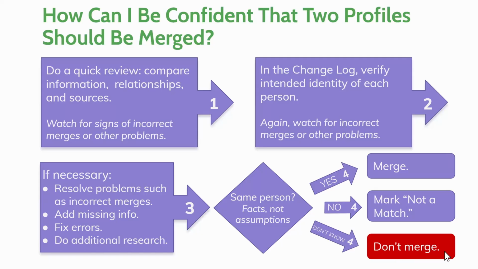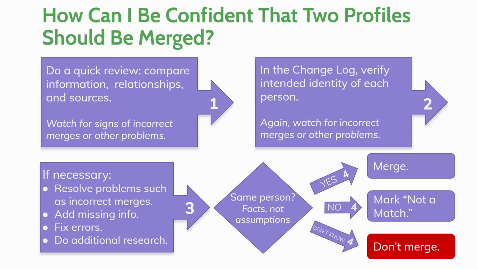Let me give you a rather humorous but real example. One day I came across a merge that was clearly wrong. The reason statement that the woman had given for the merge was, I really don't think these two profiles are the same, but I'm going to merge them to, quote, clean up the tree. So apparently it bugged her that there were profiles floating around with similar names. And even though she knew or strongly suspected they weren't the same, she merged them anyway.